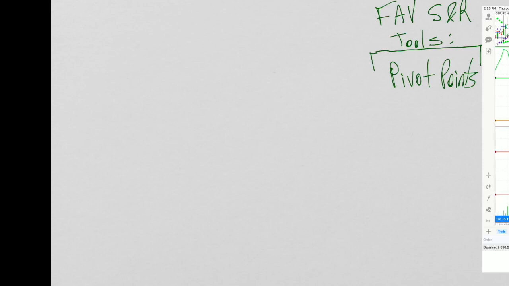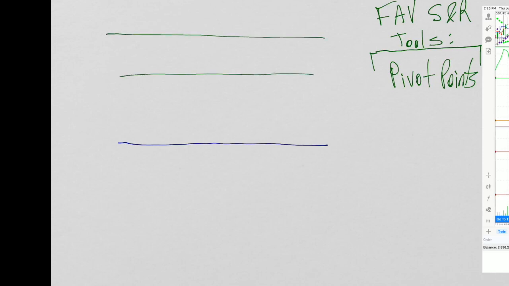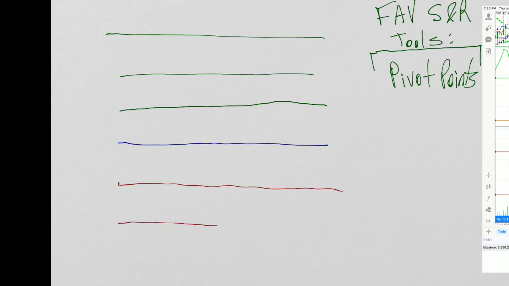So if I draw 7 lines, the top 3 lines are going to be areas of resistance. The bottom 3 areas are going to be support. And the middle area is going to be what's called the pivot point.